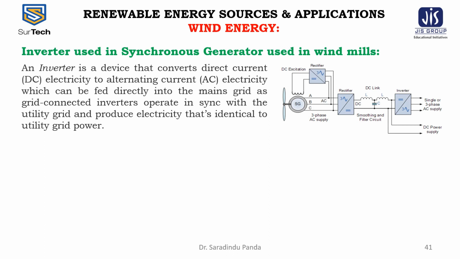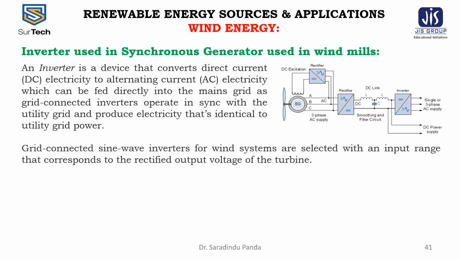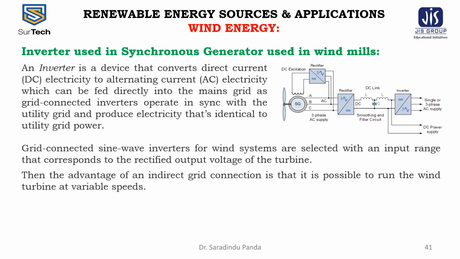An inverter is a device that converts direct current DC electricity to alternating current AC electricity which can be fed directly into the mains grid, as grid connected inverters operate in sync with the utility grid and produce electricity that's identical to the utility grid power. Grid connected sine wave inverters for wind systems are selected with an input range that corresponds to the rectified output voltage of the turbine.